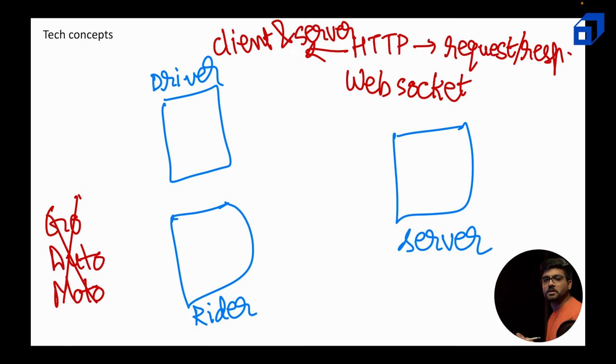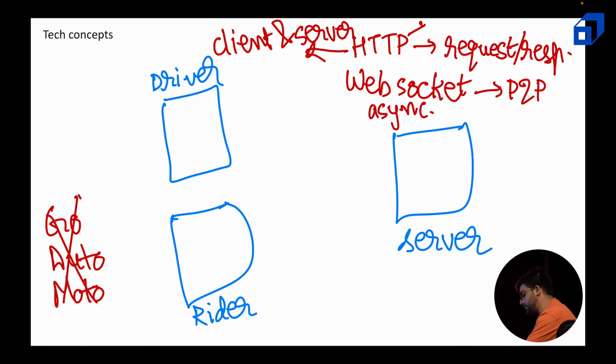There is no discrimination between client and server. Both the peers can send each other messages asynchronously. So HTTP was a synchronous way of communication, and a WebSocket connection is a peer-to-peer, asynchronous way of connection. So this is asynchronous and HTTP is synchronous.